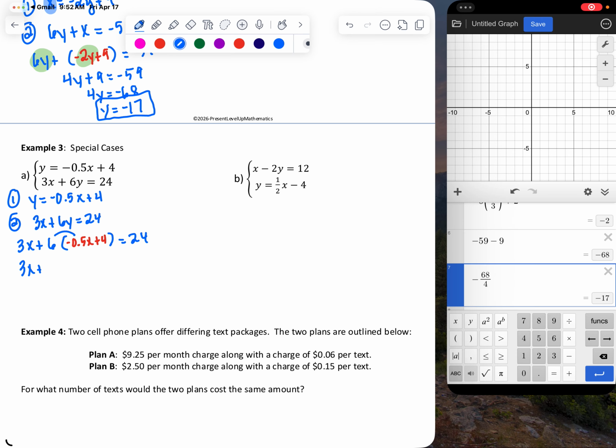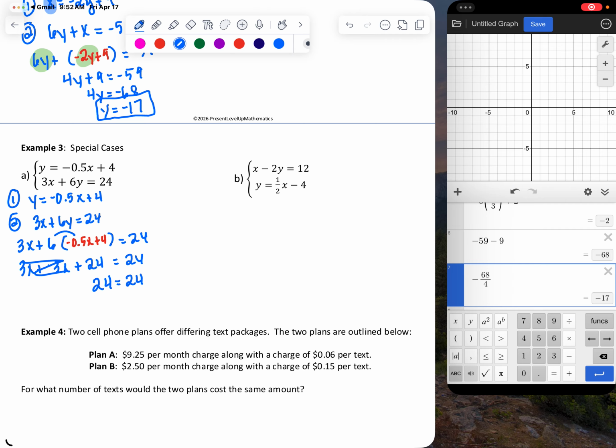So 6 times negative 0.5x would be negative 3x. And 6 times 4 is 24 equals 24. Now 3x minus 3x is 0. So that zeroes out. And I'm left with 24 is equal to 24.